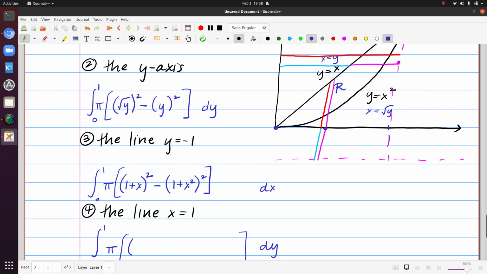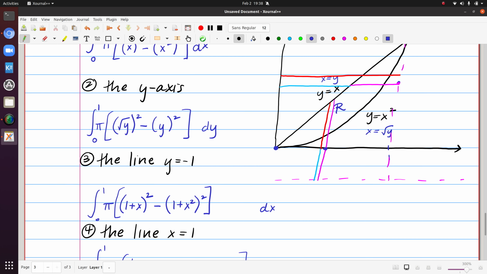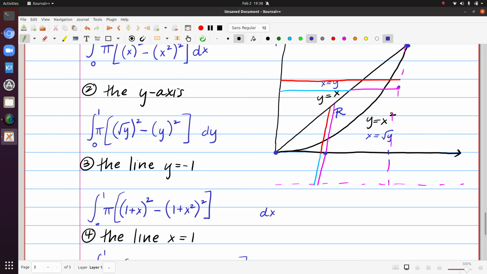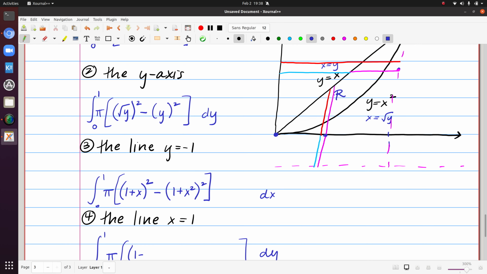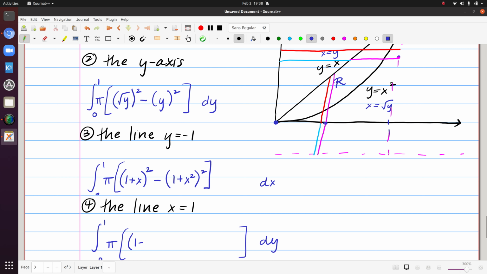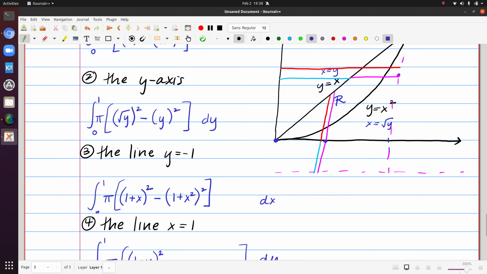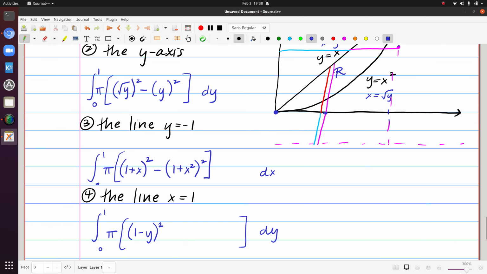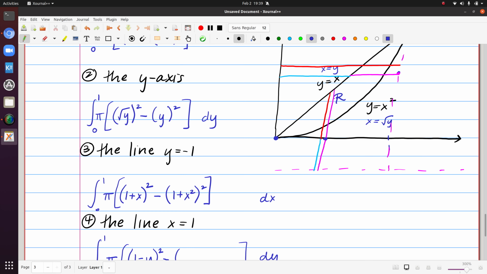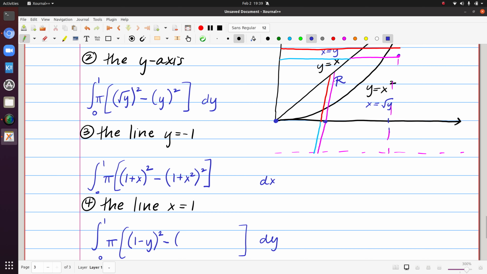And we're subtracting from 1 the distance from the y-axis to the linear function. That function is x equals y, so we're going to put that in there. This is the outer radius when we're configured at the x equals 1 rotation axis. For our inner radius, it's the same process I just did, but with the x equals square root of y function.